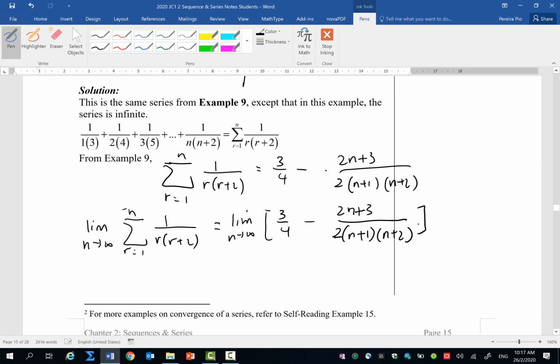Now you can split this up. This is the limit as n tends to infinity of 3/4, minus the limit as n tends to infinity of 2n plus 3 over 2n plus 1 and plus 2.